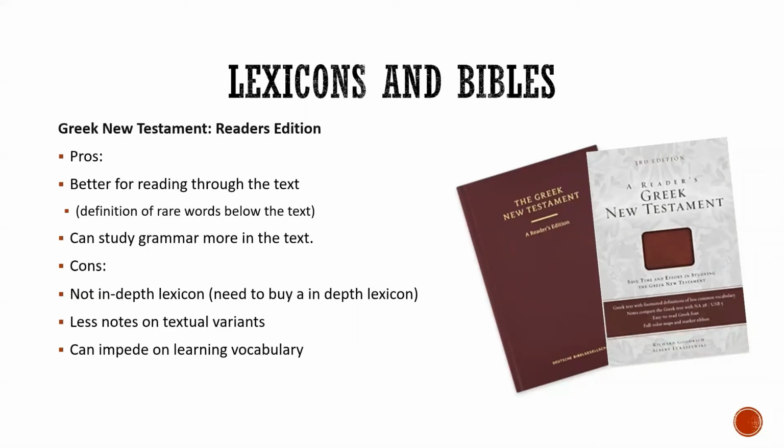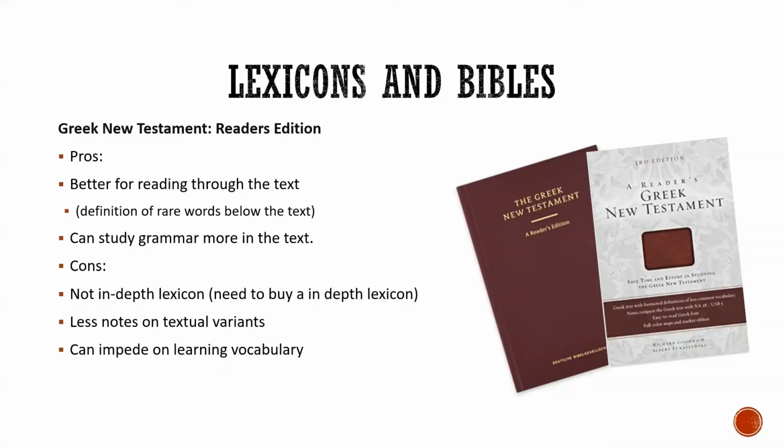However, as I mentioned earlier, the lexicons of these reader's editions are not in depth, so you won't actually do word studies. The second thing I also want to say is that compared to the first text, these second texts won't have notes on possible textual variants that happened in the scripture and history.